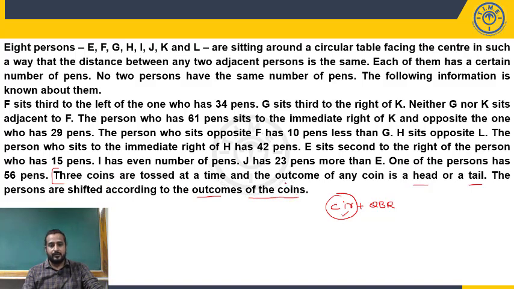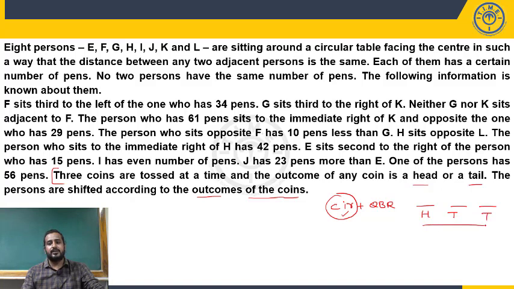See, if for example 3 coins are tossed, what could be the outcomes? There are a total of 8 outcomes possible. Let me discuss one outcome: head, tail, tail.